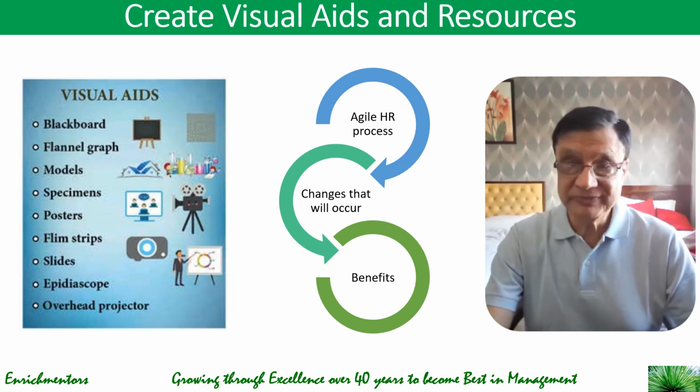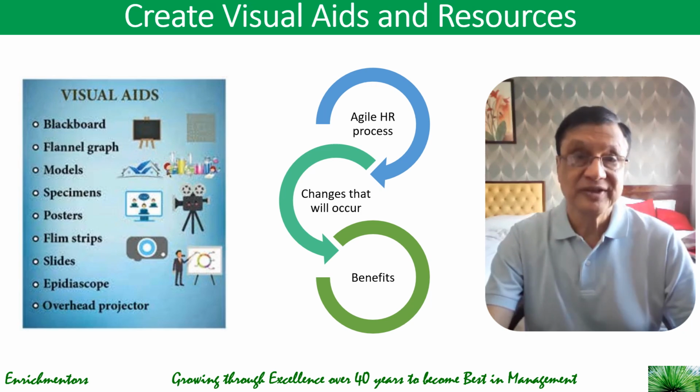And you could say, here is an infographic that explains the key differences between traditional HR and Agile HR, and what changes you can expect over the next few months, and that can help you manage the change far more effectively. So that's how you can use visual aids and resources to communicate and proactively manage the change.